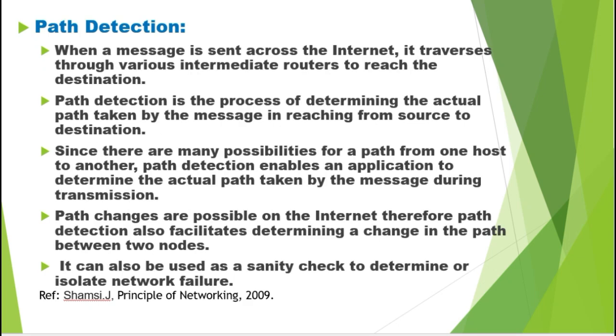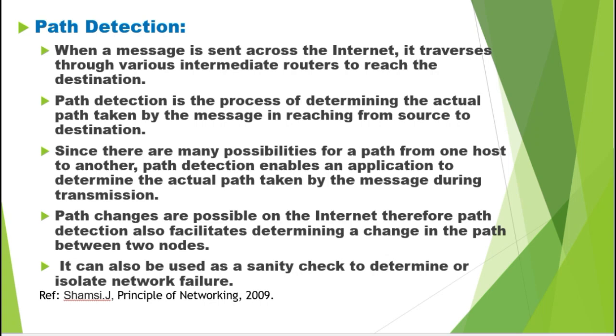The next characteristic is path detection. This is the process of determining the actual path taken by the message in reaching from source to destination. When a packet traverses the internet, it will go from router to router, and at each router, there will be path determination by looking at the dynamic routing protocol.